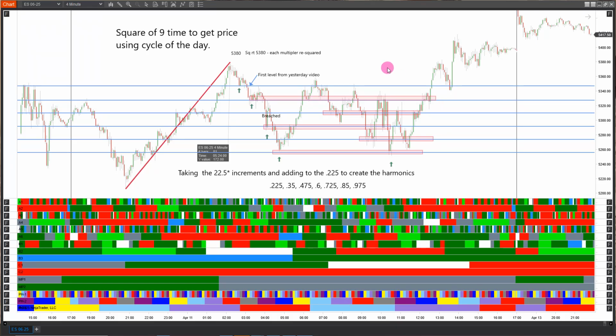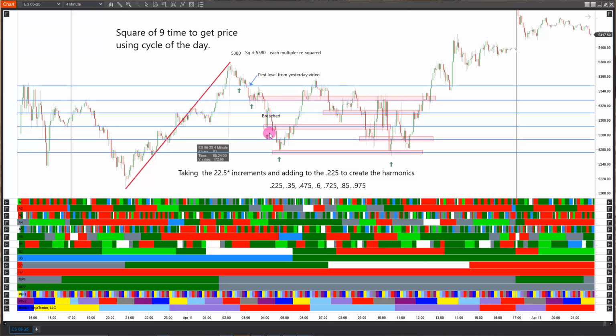So really what I'm doing here, I've altered the spoke on the wheel. So instead of using the cardinal and ordinal cross, I took my first calculation, and that was the anchor point for the spoke. So that would have been my cardinal cross, so to speak. And then I went with those 22.5 degree increments from there.